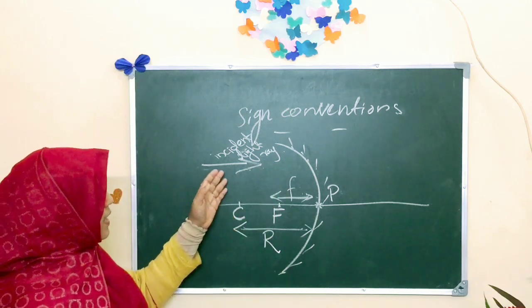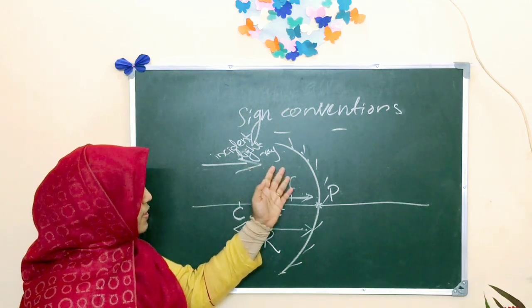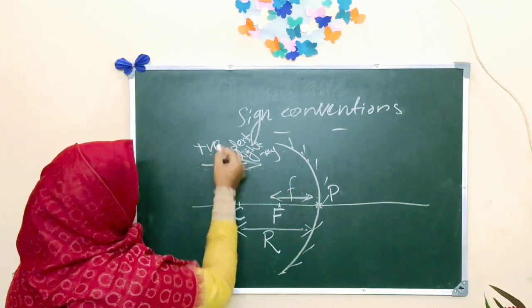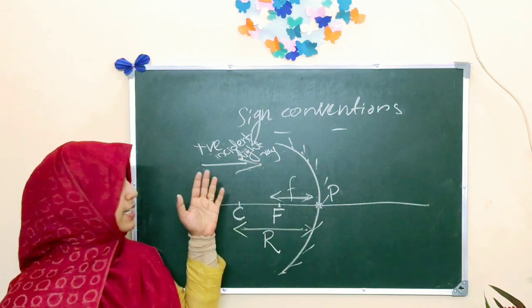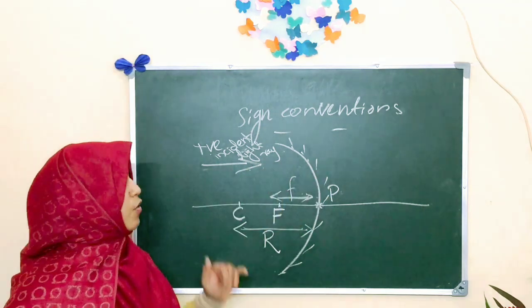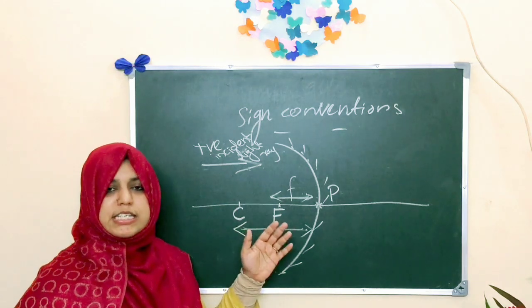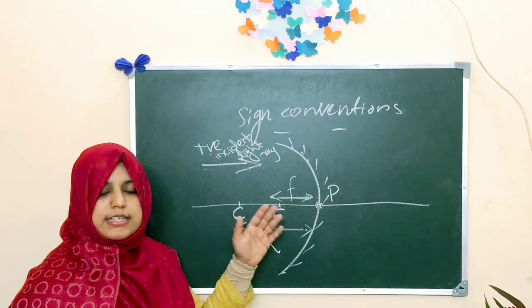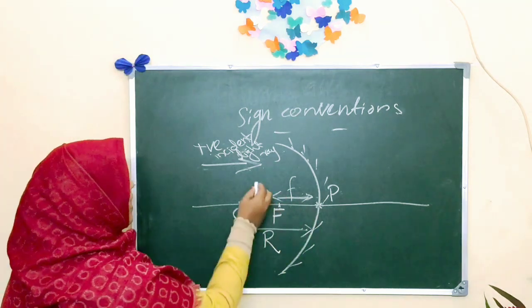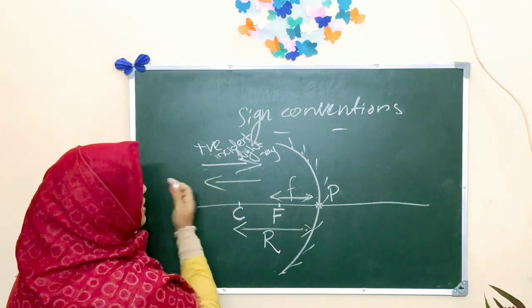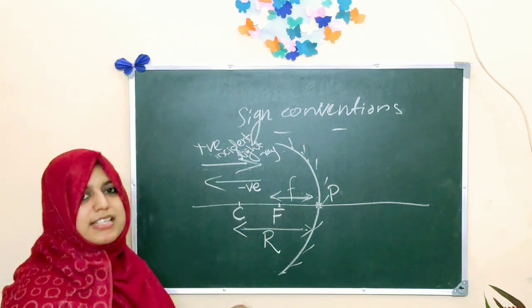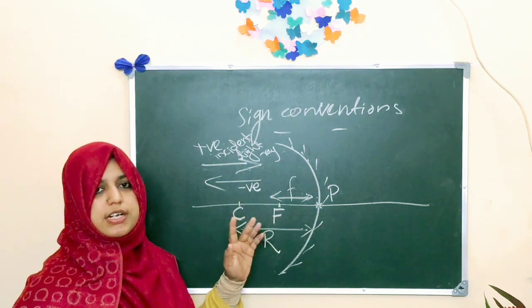The distances measured in the direction of incident ray are taken as positive, while the distances measured opposite to the direction of the incident ray are taken as negative. This is the second sign convention.